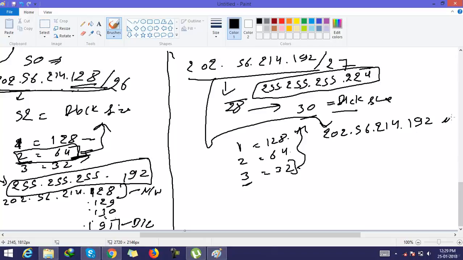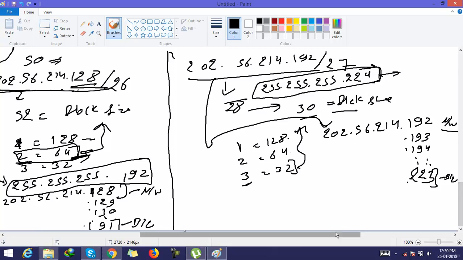The first valid IP is 193, then 194, and so on till 222. Sorry, the broadcast ID is 223. This is the broadcast ID, this is the network ID, and this is the subnet mask.